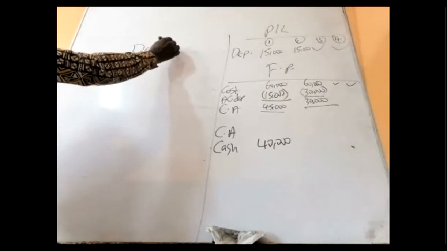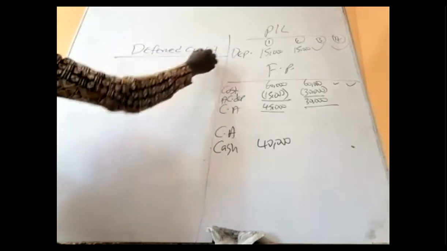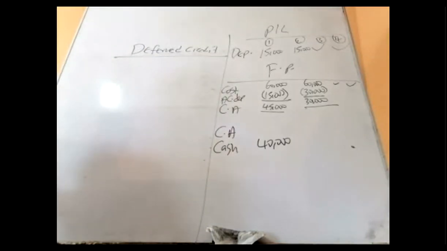Deferred credit. Over here, tell the examiner that the entire grant will be amortized over the asset useful life. That's the first point.